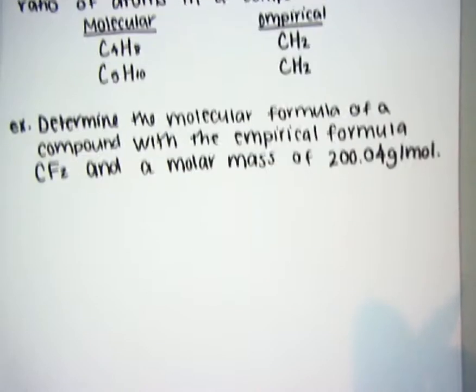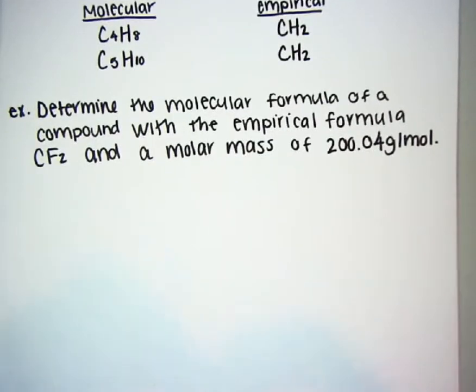Determine the molecular formula of a compound with the empirical formula CF2 and a molar mass of 200.04 grams per mole.